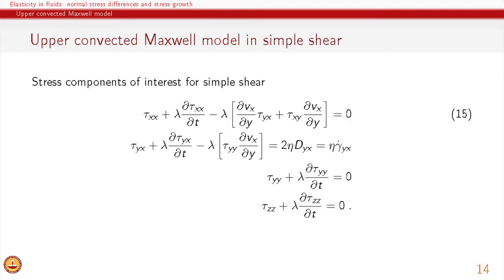So, there is a greater simplification, and the del tau yx by del t, the partial rate, is similar to the Maxwell model itself, but there is only one additional term based on the nonlinear terms. Similarly, in the x component we also have similar terms. Now we can look at what happens in the steady state.